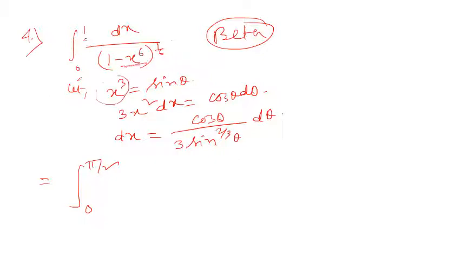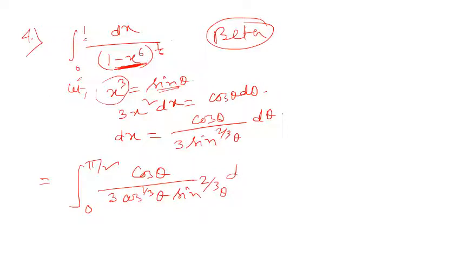Limit from 0 to pi by 2, and now putting the value of x. So x cube means sine theta, that means it will be 1 minus sine square theta, that means cos square theta, and cos square theta to the power 1 by 6. So the upper portion will be cos theta and the lower portion will be 3, and the integrand becomes cos to the power 1 by 3 theta and sine to the power 2 by 3 theta d theta.